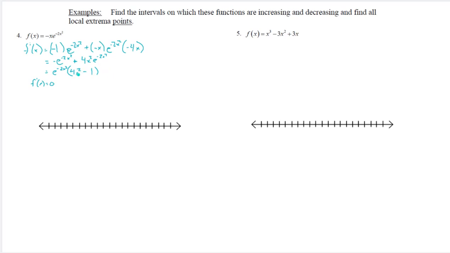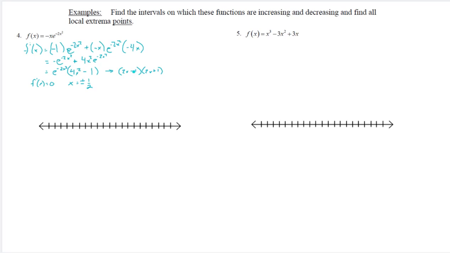And once again, this is a difference of squares. 4 is a square, x squared is a square, and 1 is a square. So we could look at this as 2x minus 1 and 2x plus 1. And that's going to give us our x values, the critical numbers of plus and minus 1/2.